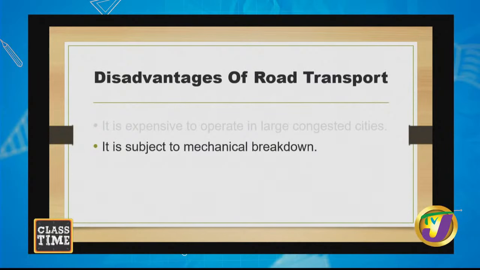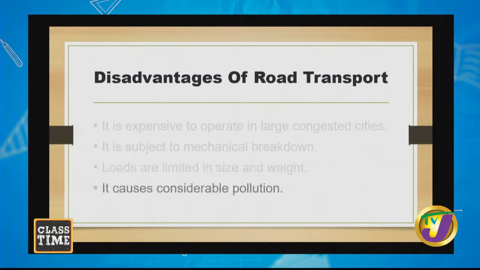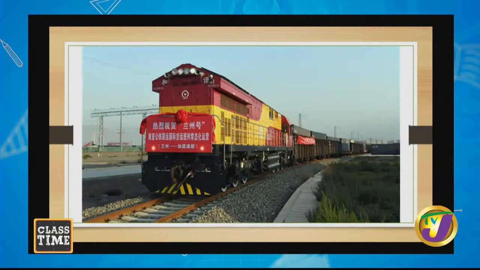And in our Jamaican setting, the roads will also help to depreciate the vehicles. Loads are limited in size and weight. So regardless of the size of the trailer that you see on the highway, it has a limit. There's a certain weight and certain size that it is allowed to carry legally. It also causes considerable pollution. Yes, all that emission of gases causes considerable pollution.